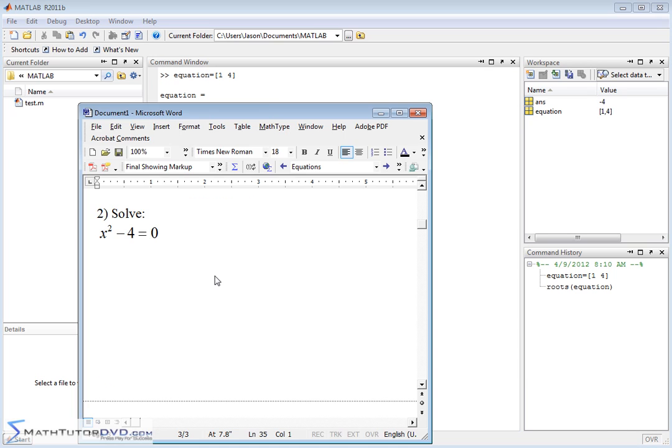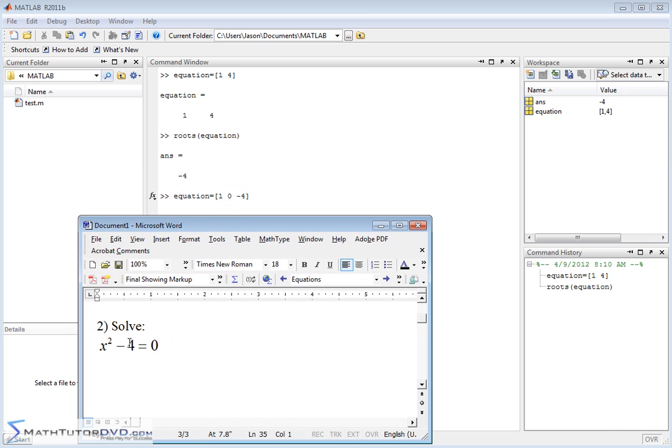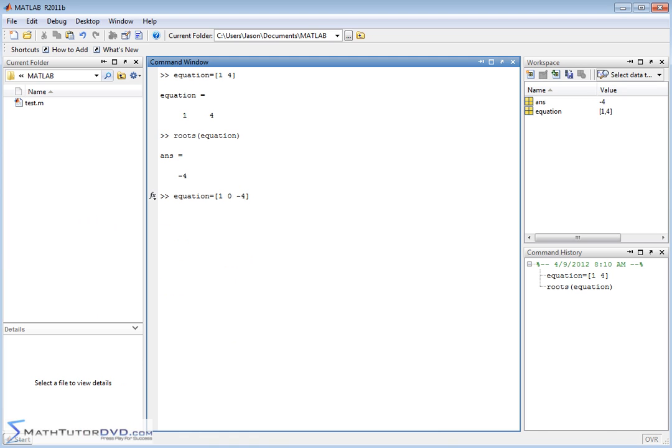Make sure you understand what I'm doing here. When you define this, you need to have a spot for every descending power of x. So it's 1x squared, there are no x terms in this equation so you have 0x, and then the constant on the left-hand side is wrapped up in there as well.